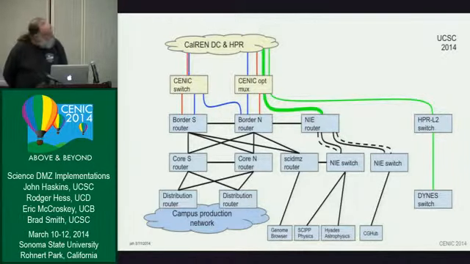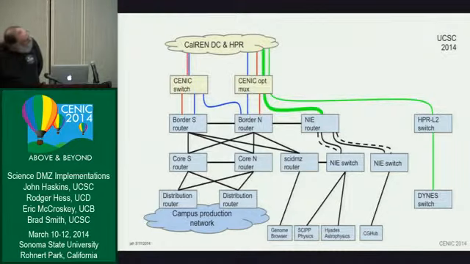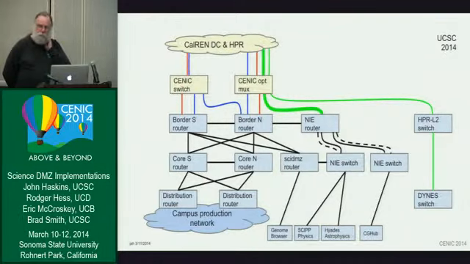What I didn't draw on here were the perfSONAR nodes that are also part of the project, and there will be a perfSONAR node on the NIE router, and there are also fast data transfer nodes in here that will help to bring some of the traffic local.